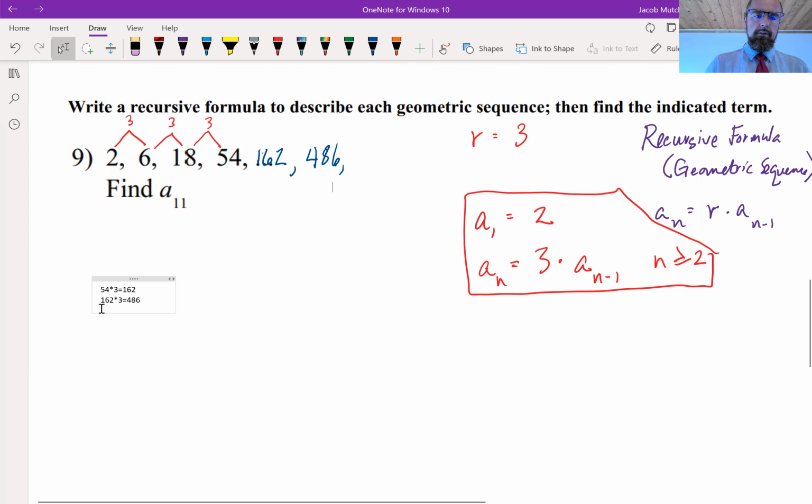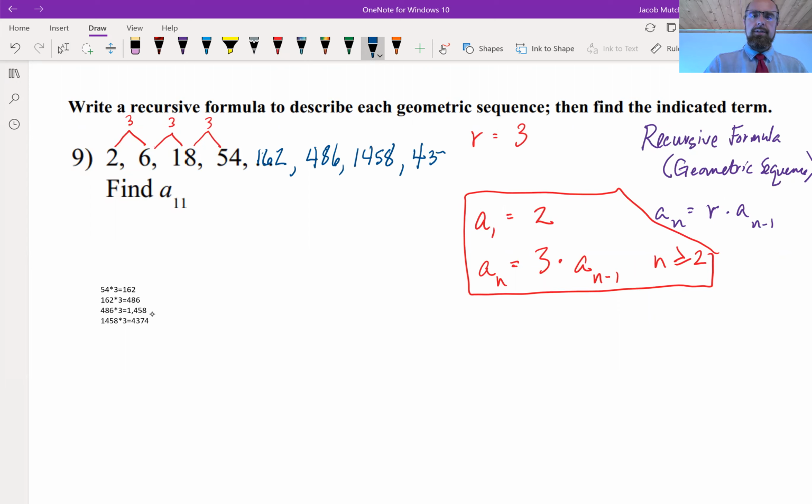486 times 3 will give us 1,458. That's my 7th term. I'll keep going. 1,458 times 3 is going to give us 4,374.